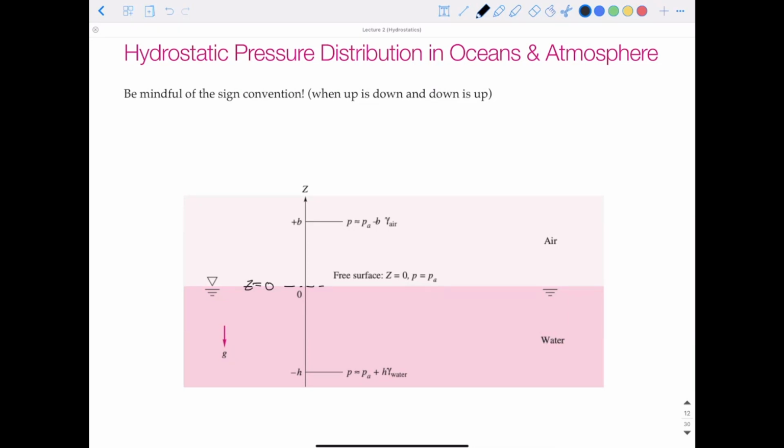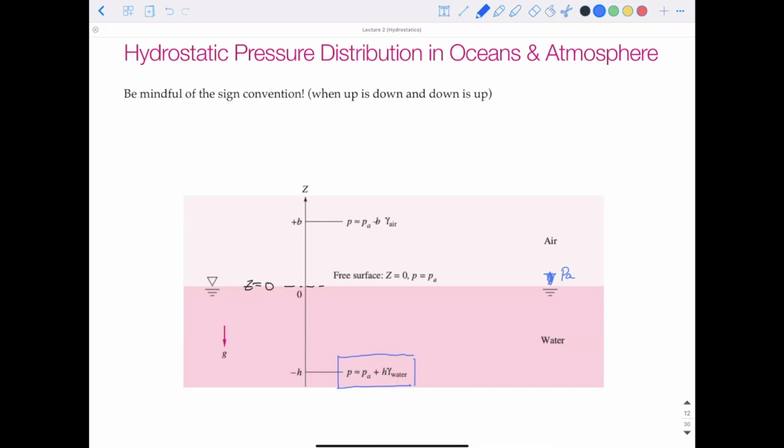For our equations, if we look down below, say this is a lake with water, the pressure at some depth minus h, or some direction minus z, is equal to the atmospheric pressure, which is the pressure at the top, PA, plus h times the specific weight of water. In this case, h is negative because we're going downwards from that free surface.